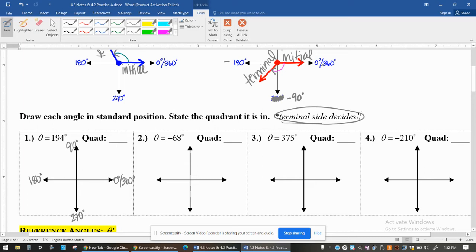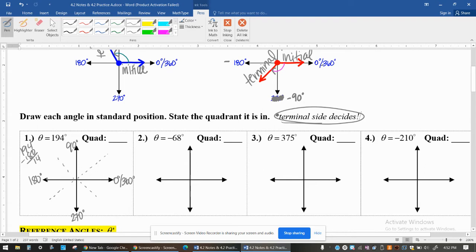So 194 is not too much past the 180 mark. 194 minus 180 is only 14 degrees away. Just so you know, 45 degrees would be half of 90, so imagine these are 45-degree lines.